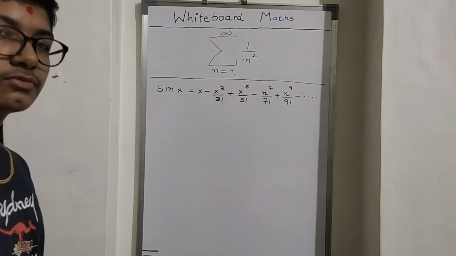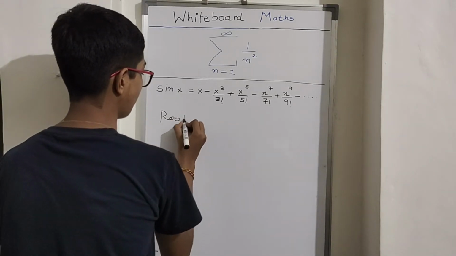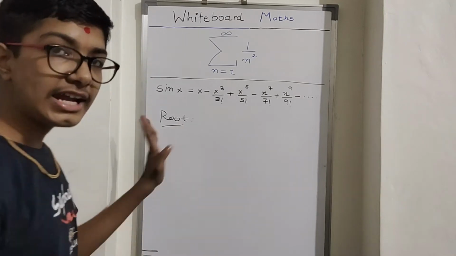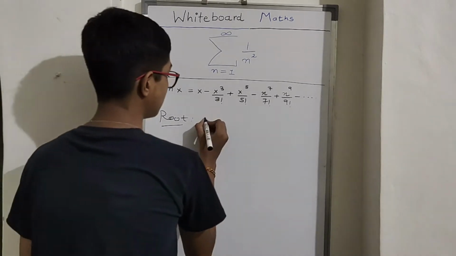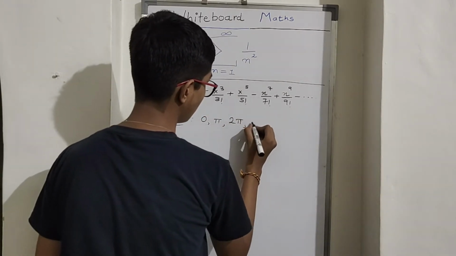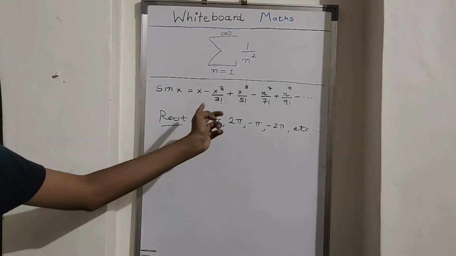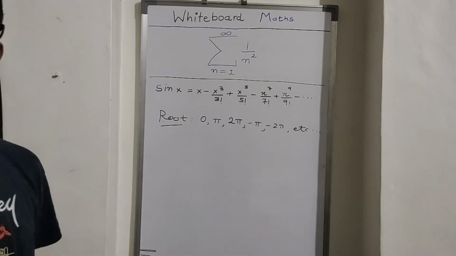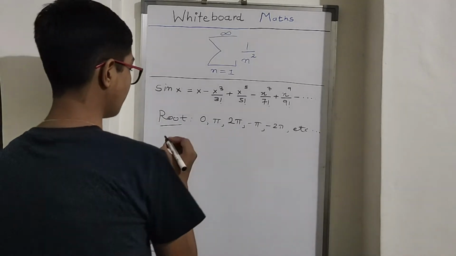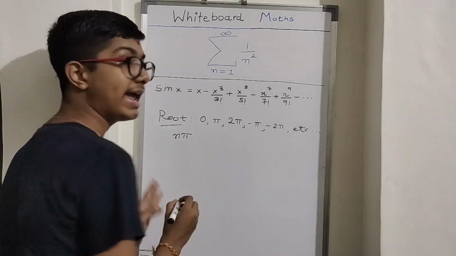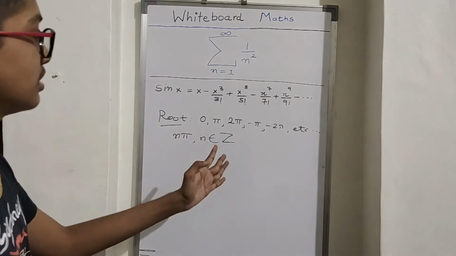Now we are going to see what are the roots of this function. Sine function is a well-known function, and the roots of this function are etc. So 0, pi, 2 pi, negative 2 pi, these all are the roots of the sine function, and in general n pi for n belonging to the set of integers.